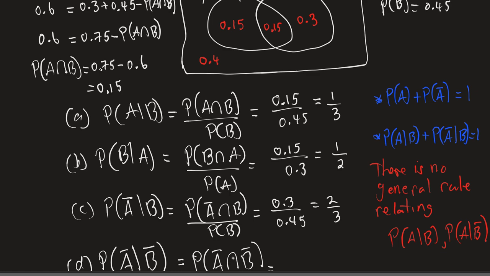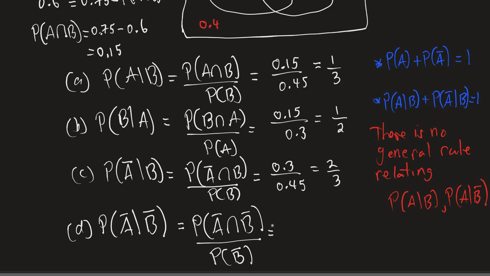Okay, so let me scroll back up so we can see the Venn diagram. Not A and not B means you're outside of both circles. Hence, that probability is 0.4. Right? So this is 0.4. The probability of not B, well, that's 1 minus the probability of B. There's our complement rule again. And the probability of B in this example is 0.45.